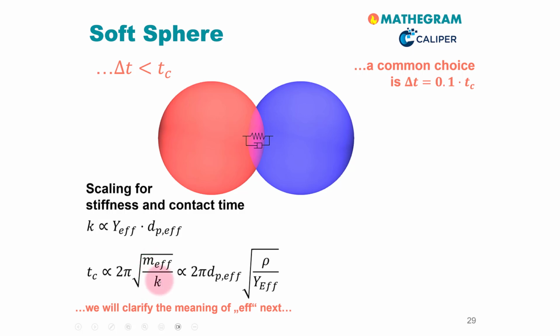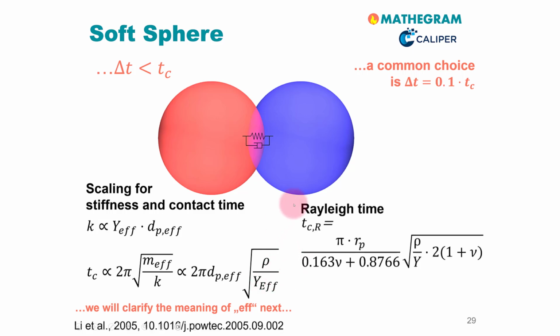And if you then replace the mass with particle volume and particle density, you will arrive at this equation here that tells you that this contact time is proportional to the square root of the density over the effective Young's modulus. Okay. There's another equation for the so-called Rayleigh time.